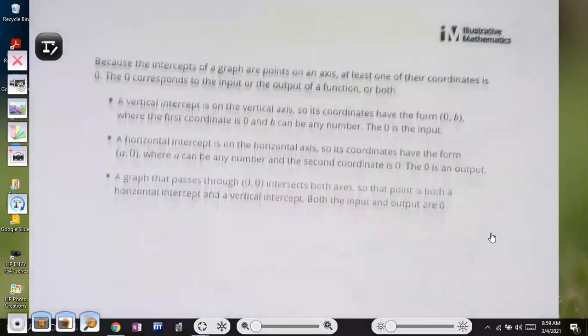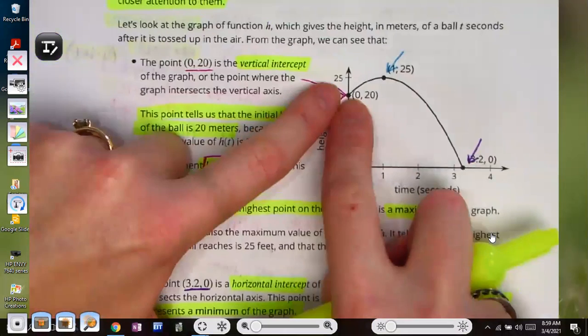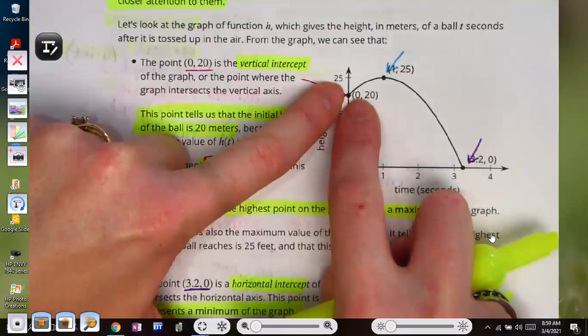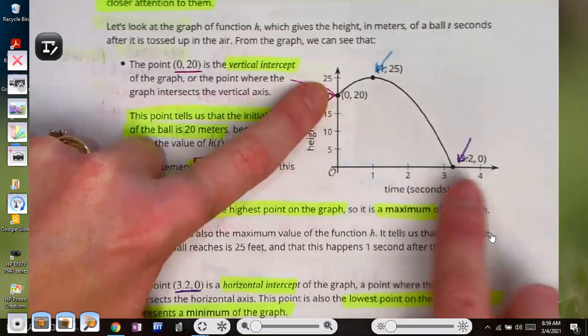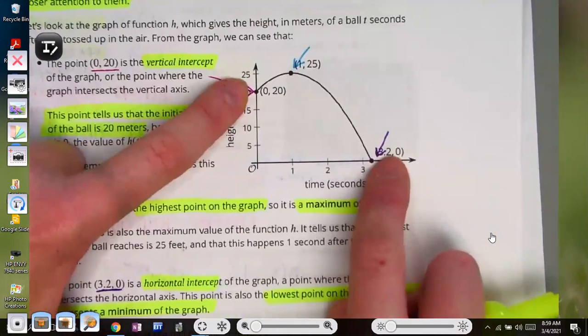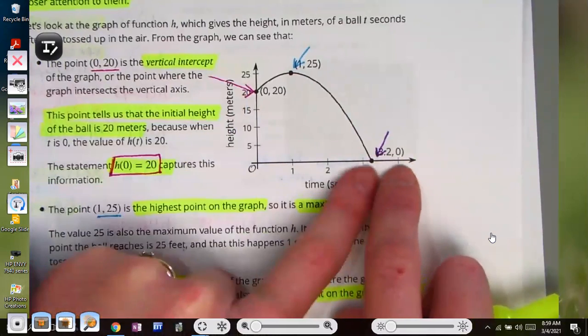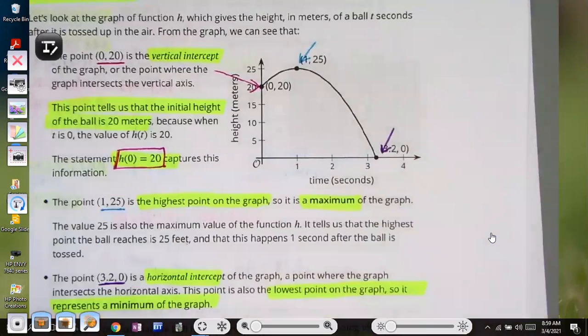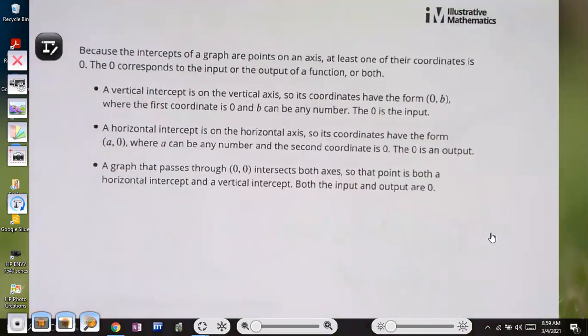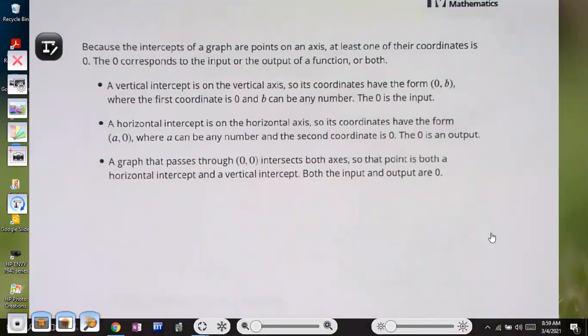If I'm looking at my vertical intercept, my x value will always be 0, always, forever and ever. If I'm looking at my horizontal intercept, or my x-axis, my y value will always be 0, because it's an axis. And that's basically what these bullet points are saying. All right, that is lesson 6.